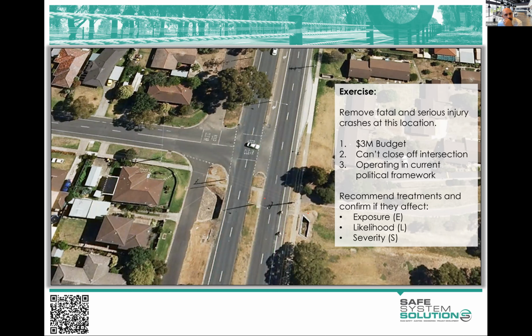And it's due to the fact that we need to get these large vehicles through this roundabout. And then we've got to move a whole lot of services here, and we've got to acquire some land, and the costs build up quite quickly. But I like the fact people are looking at roundabouts because roundabouts are a severity reduction technique. And I'll talk about that a little bit more shortly.